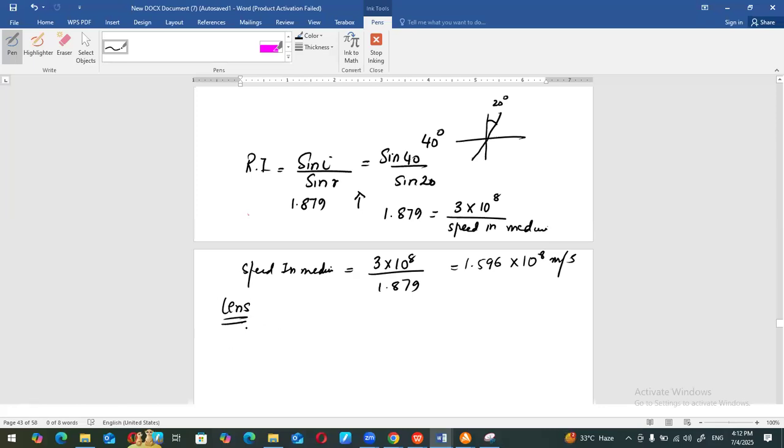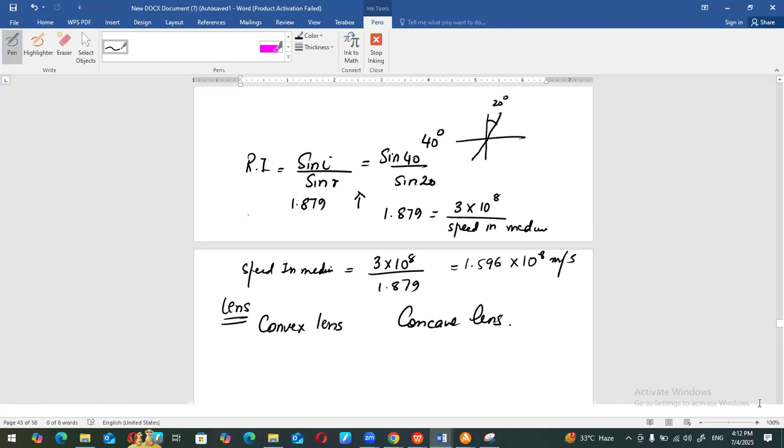There are two major kinds of lens used for the refraction of light. One is called a convex lens, and the other one is called a concave lens.